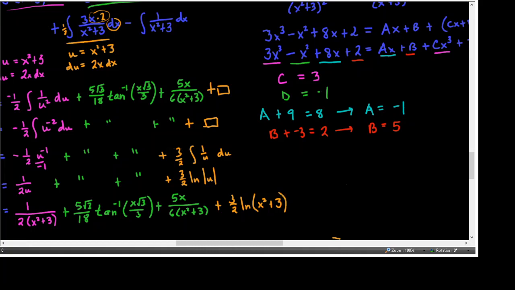Okay, and finally, this one. Well, that one is an inverse tangent where a squared is 3, so a is square root of 3, and u squared is x squared, so u is equal to x, which is equal to a.